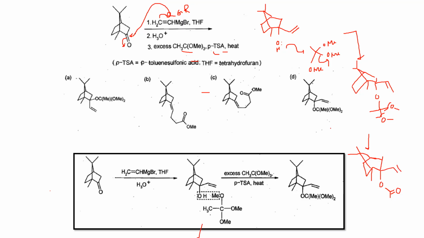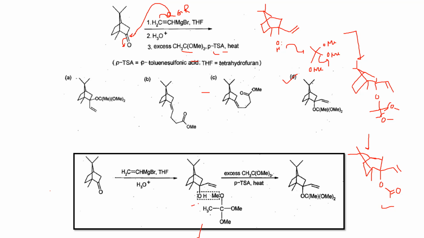This one is not given in your options, but this one is given, so the correct option will be option D, based on which option is given. This deprotected product is not given in your options, so that's why we are choosing this one.